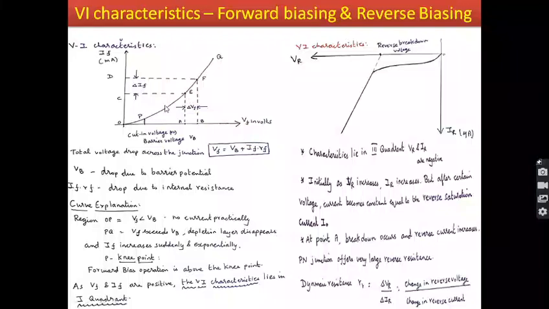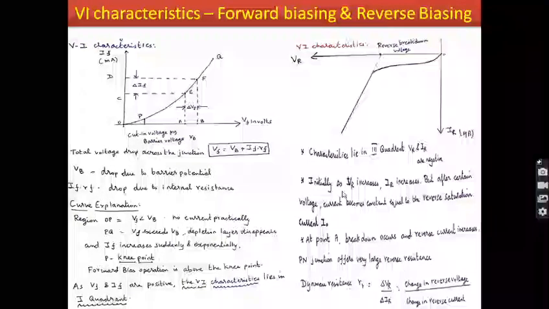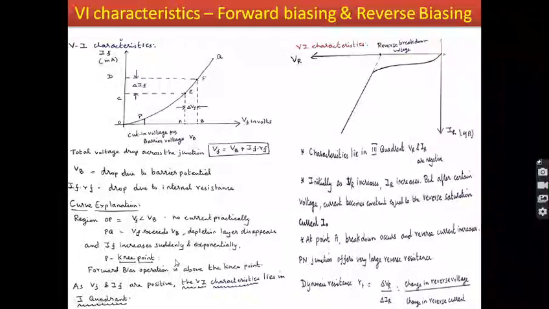From this forward characteristic, if you draw the slope for the change in voltage and change in current, you could get the forward resistance. You could observe that the graph lies in the first quadrant, and the region PQ will be the operating point. And when you observe the reverse characteristics, they lie in the third quadrant.